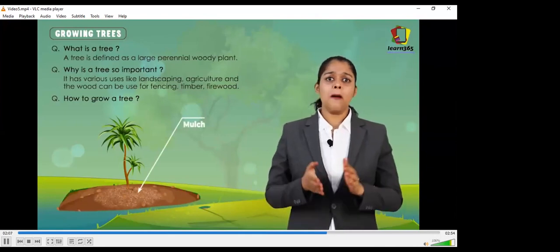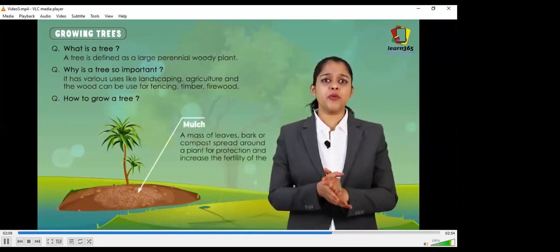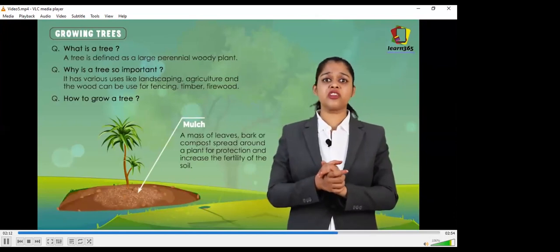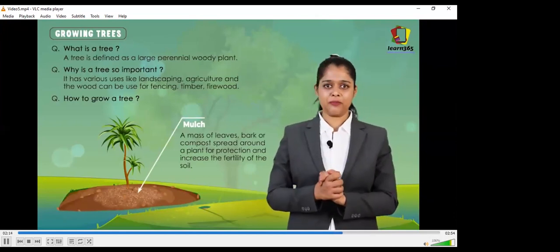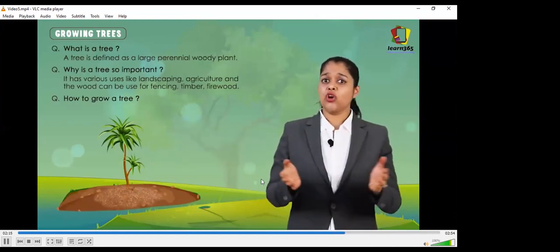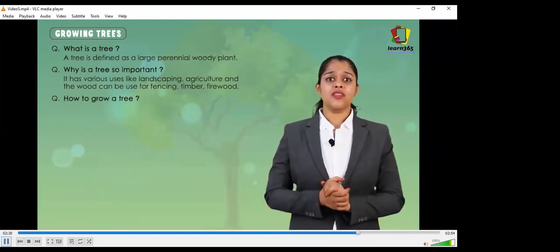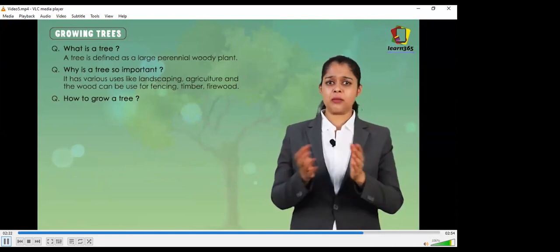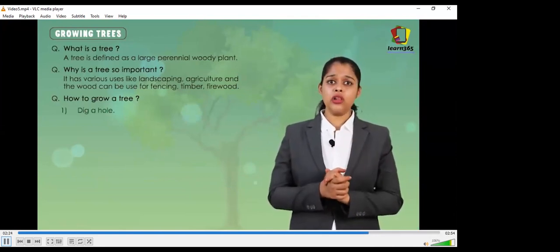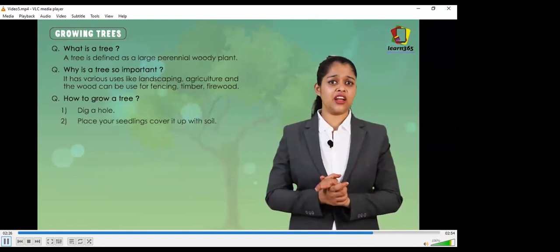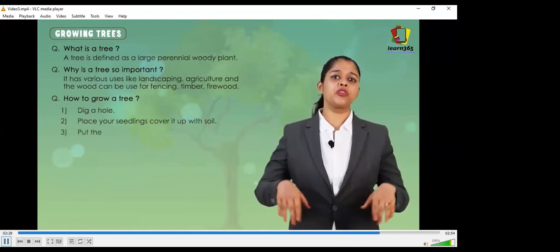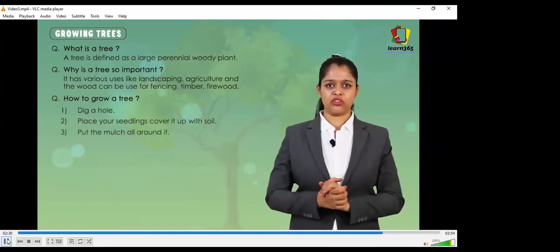Now what is mulch? Mulch is nothing but compost to increase the fertility of the soil. Your tree is now planted and ready to grow. We just saw that a tree can be grown in 3 simple steps. Dig a hole, place your seedling, cover it up with soil and put the mulch all around it.